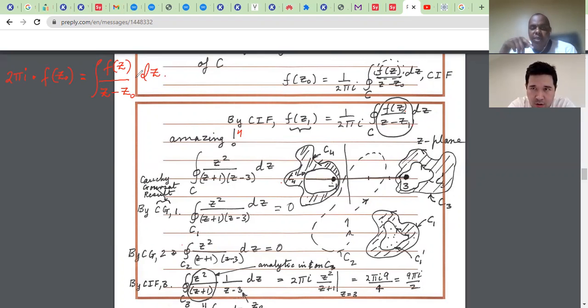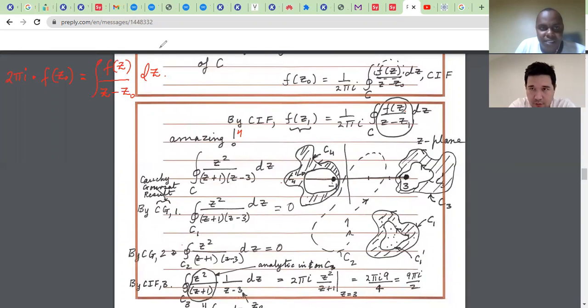Remember, I asked you a question. What happens when we have a pole? What happens when the function is not analytic? The integral will not be 0. And then I asked you, what will the integral become? And then you said, we are going to calculate it.